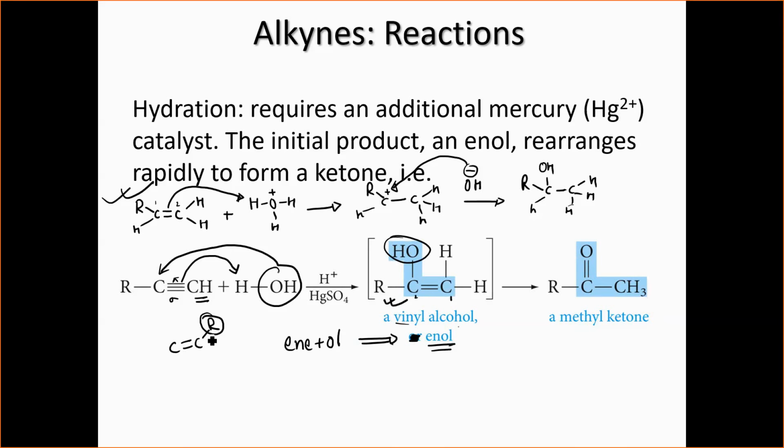So here, this OH group is a vinyl, directly attached to the double bond. If there's a double bond and another carbon in between, this is called the allyl. Remember that, this position is the allyl. If directly attached to the double bond, it's called a vinyl. Alright.